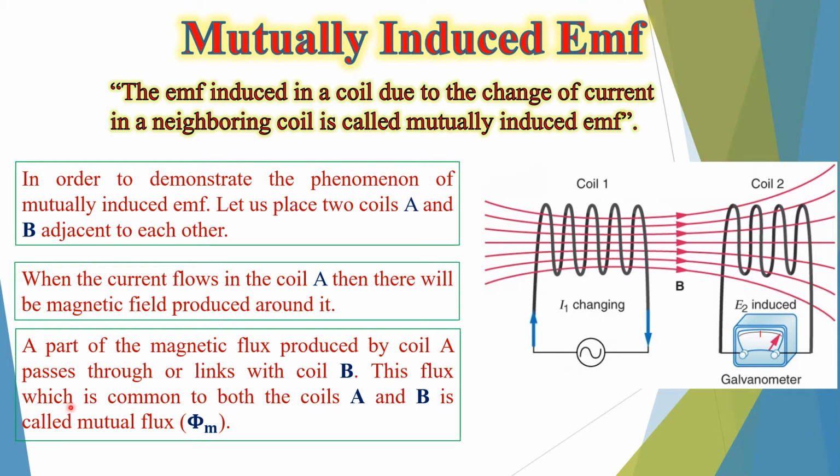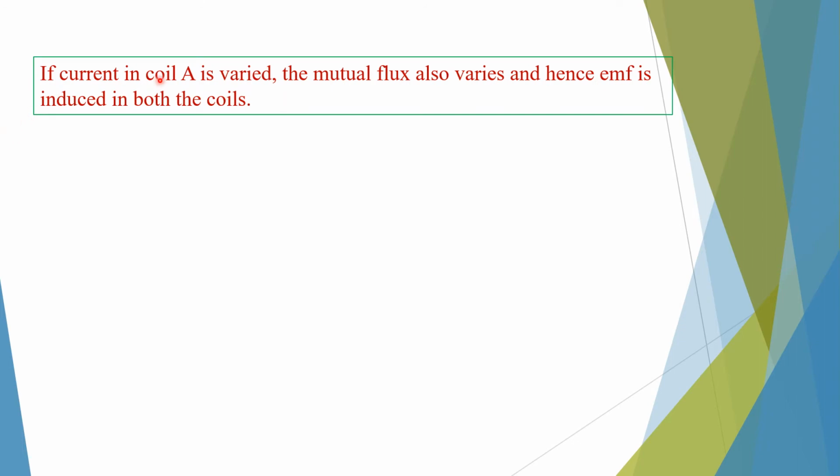This flux, which is common to both the coils A and B, is called mutual flux. If current in coil A is varied, the mutual flux also varies and hence EMF is induced in both the coils.